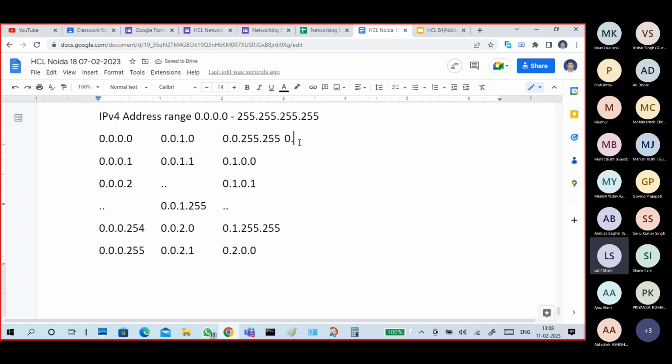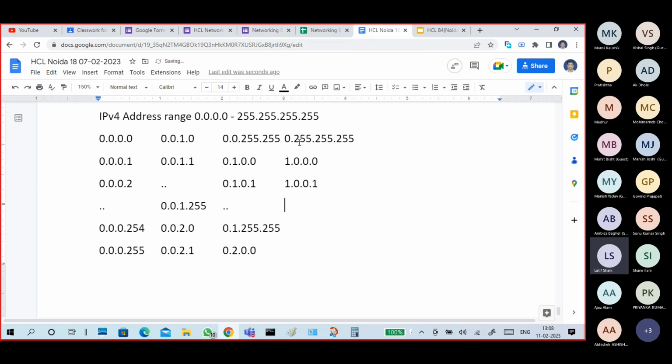Same goes 0.2.0.1, 0.2.0.2, like it will go. It goes to 255.255, and finally it reaches 255. Then it becomes 1.0.0.0 and 1.0.0.1.